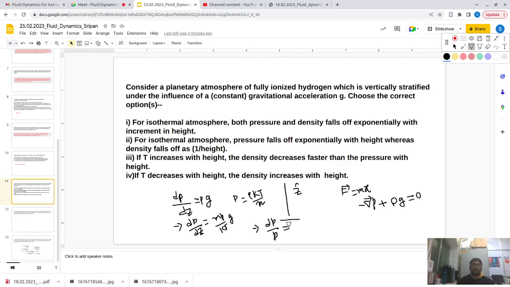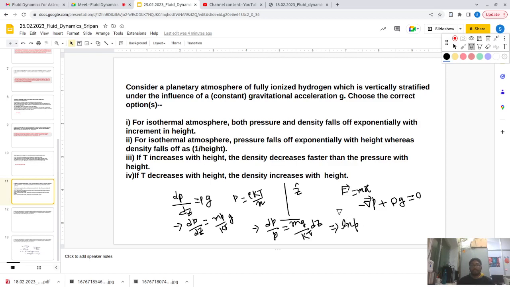So you have this equation, dp by p equals mg by kT dz, right? So from there, on integrating, we will get ln p.